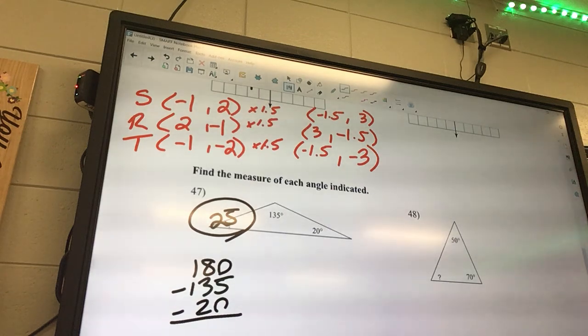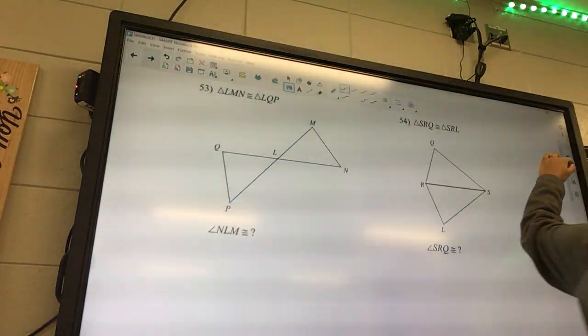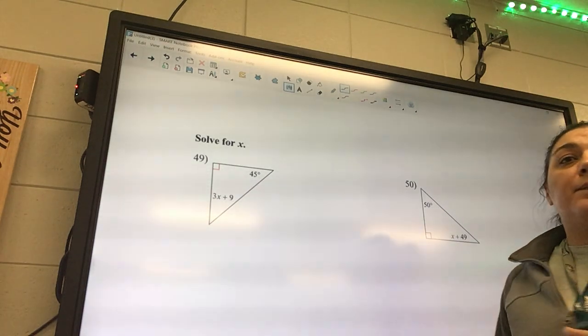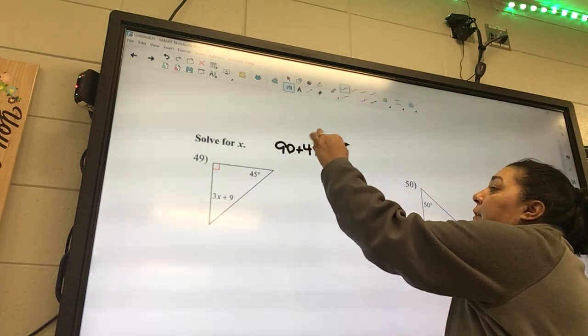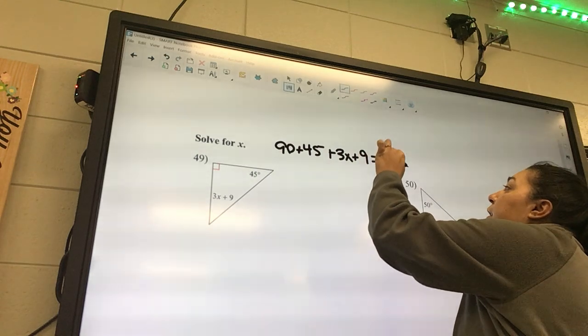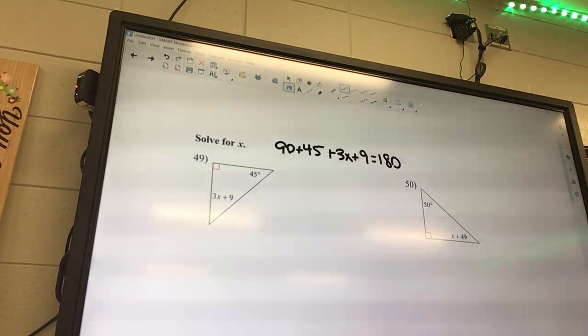Okay, 49. We're going to say, what does that square mean? 90, so it's going to be 90 plus 45 plus 3x plus 9 equals 180. Who can get combined?